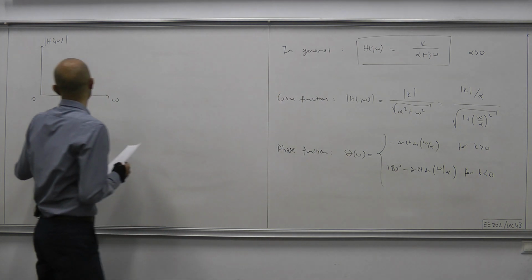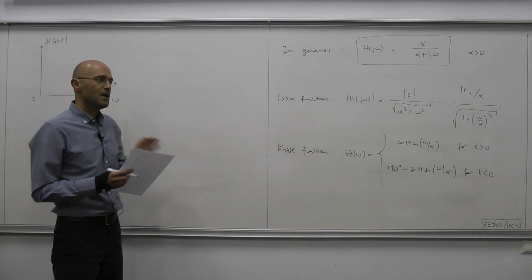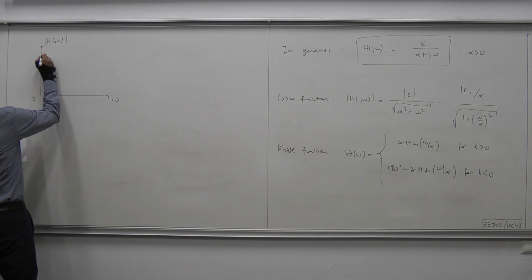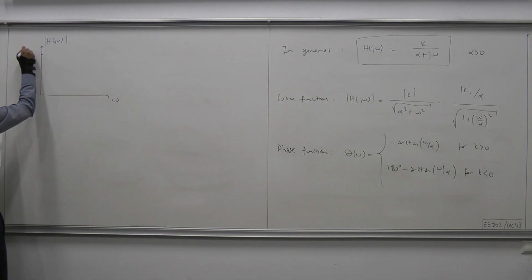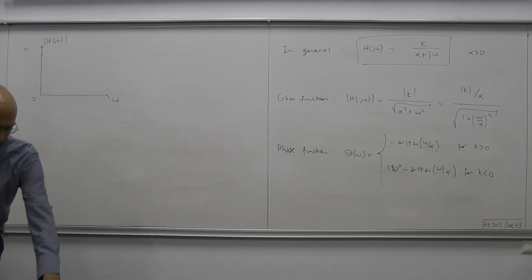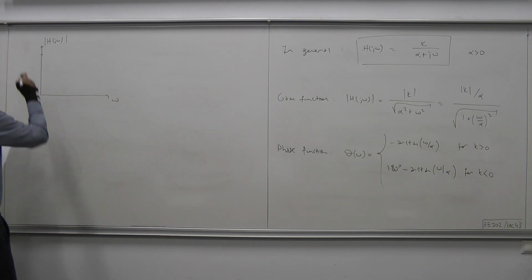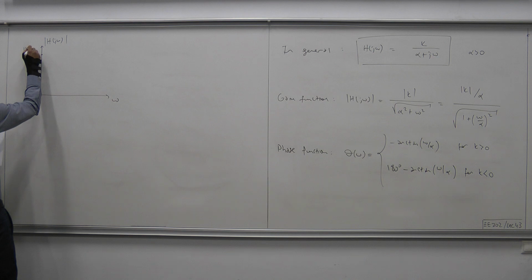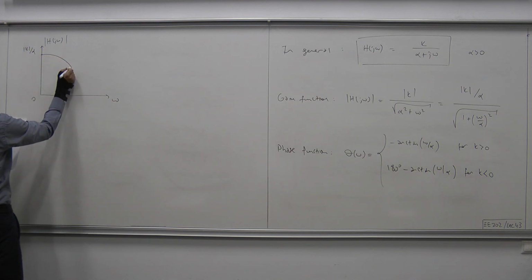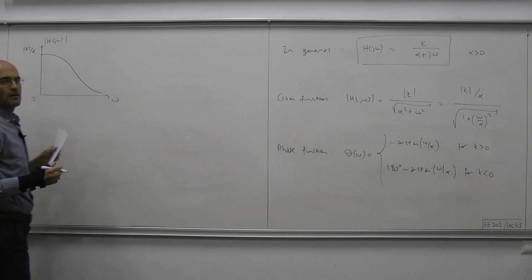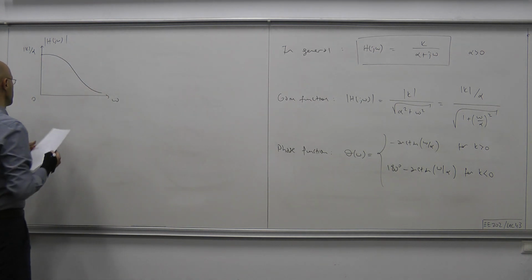So what we have for the gain function is a monotonic behavior starting at its maximum value, which is magnitude of K over α, and then decaying to 0 as ω goes to infinity.